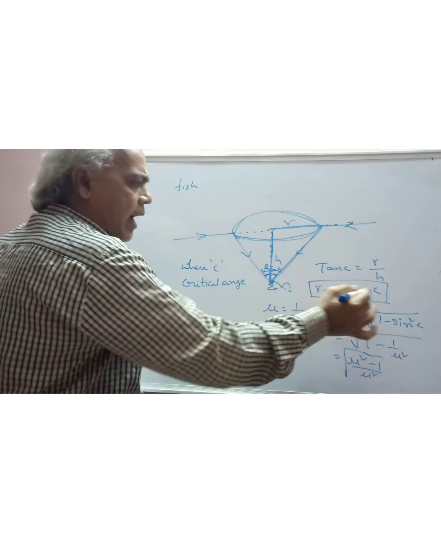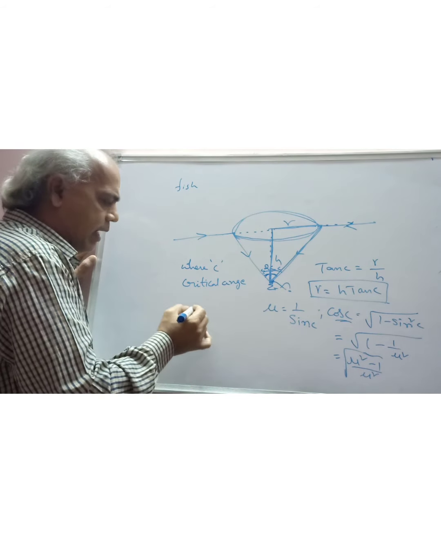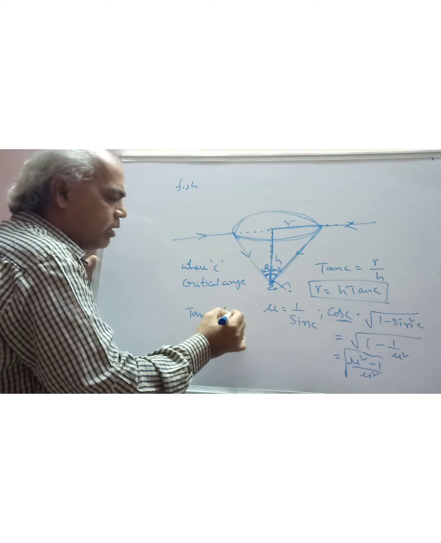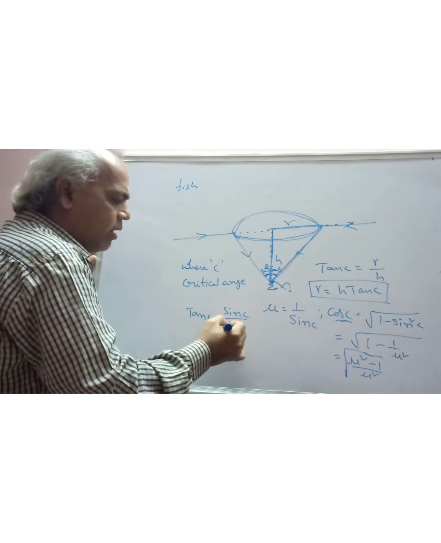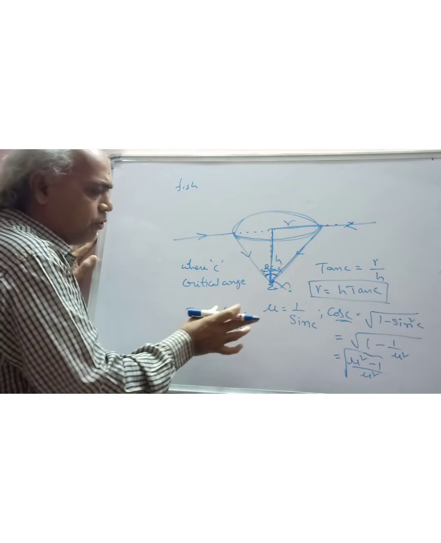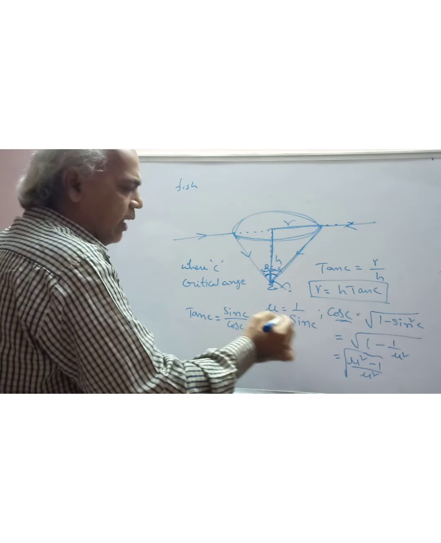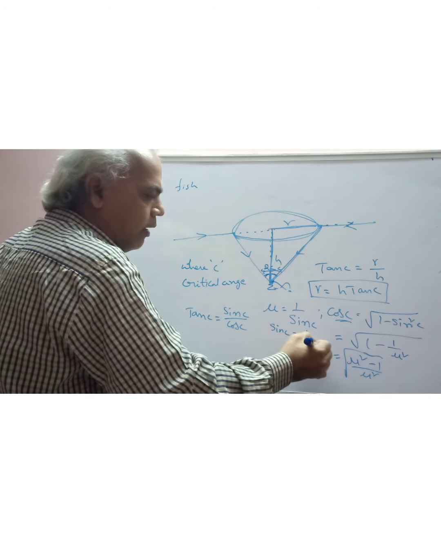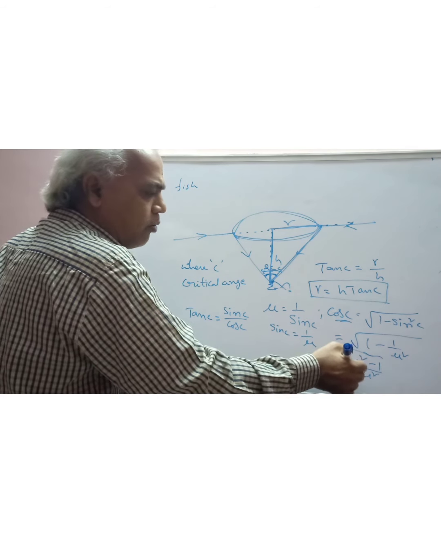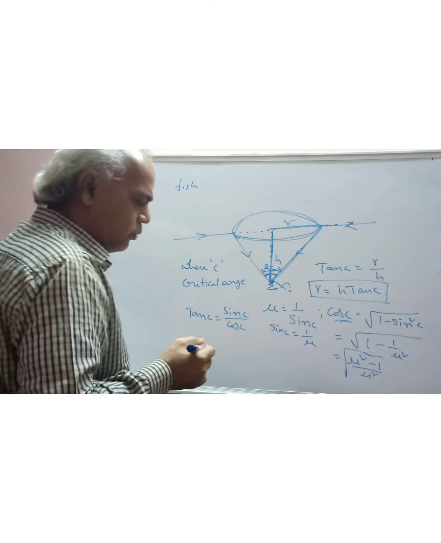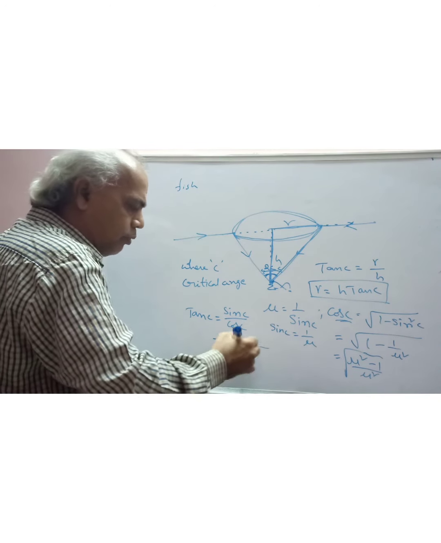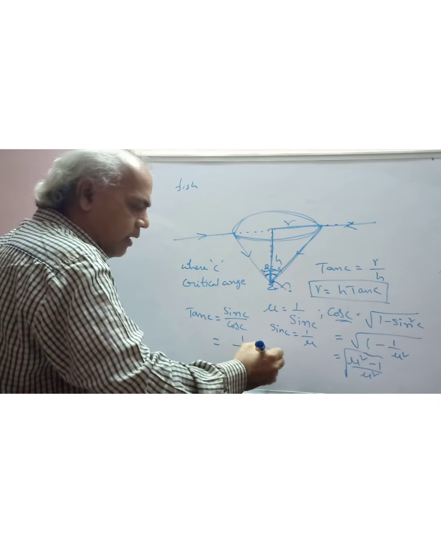So tan C is equal to sin C by cos C. If you substitute these values, sin C is equal to 1 by mu, and cos C is equal to root of mu square minus 1 by mu square, we obtain 1 by root of mu square minus 1.